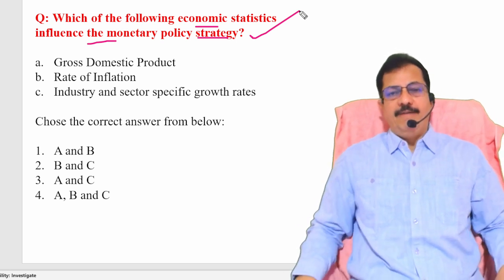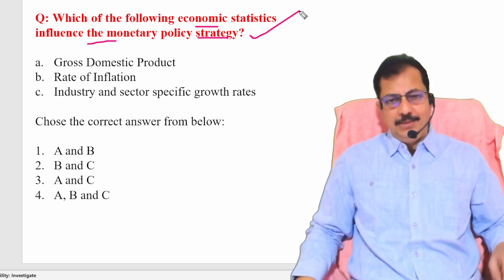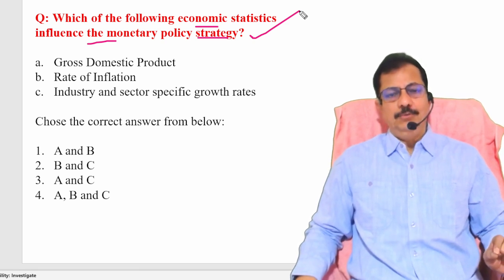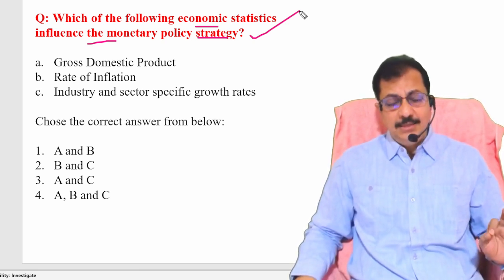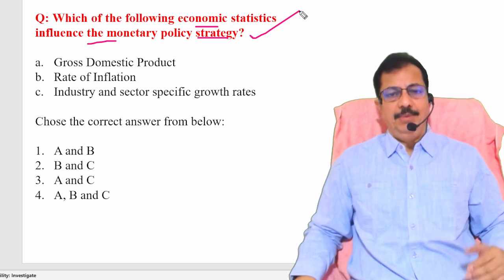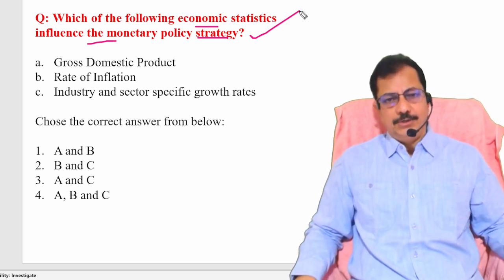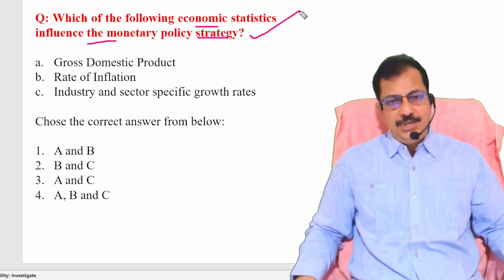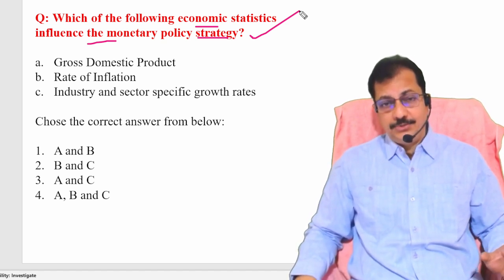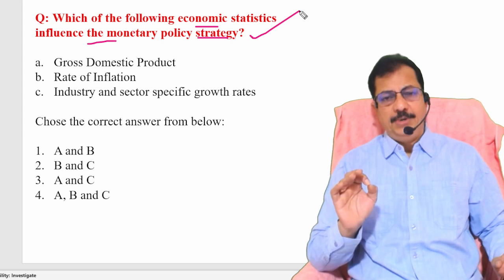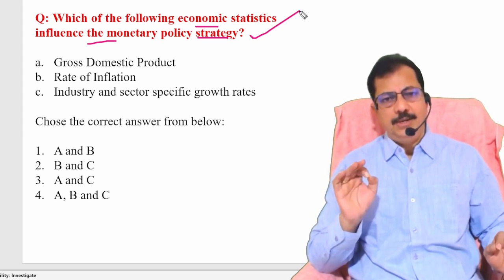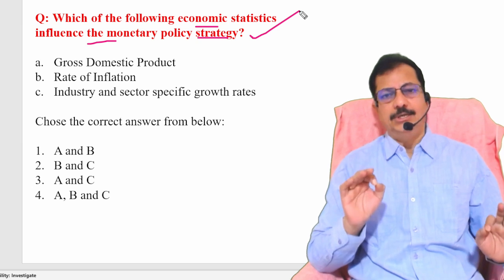Meaning, what are the factors based on which the monetary policy committee will take decisions to review and revise the rates? Maybe repo rate, reverse repo rate, bank rate, SLR, CRR. You might have heard all this, and I am going to explain each and every aspect to you very clearly in this session only.